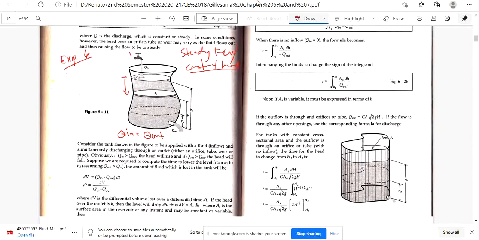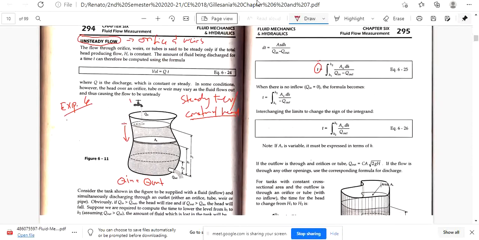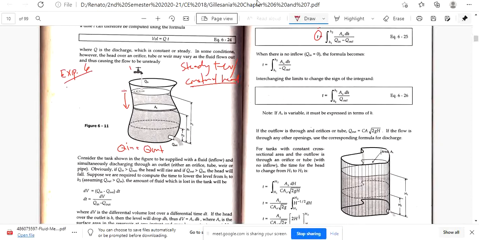What you usually get here is the time value, because you need to determine the amount of time to lower the head from point 1 to point 2. That means there is a change in the volume. So, dV is equal to Q in minus Q out dt.